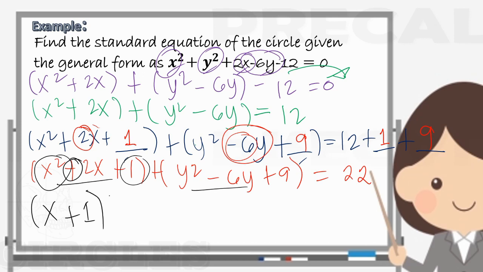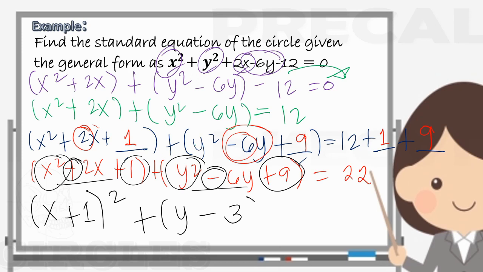So, x plus 1 then squared plus yung square root ng y squared is equal to y and then square root ng third term. So, yung square root ng 9 is equal to 3 and then follow the sign of the middle term. So, negative. So, y minus 3 squared.